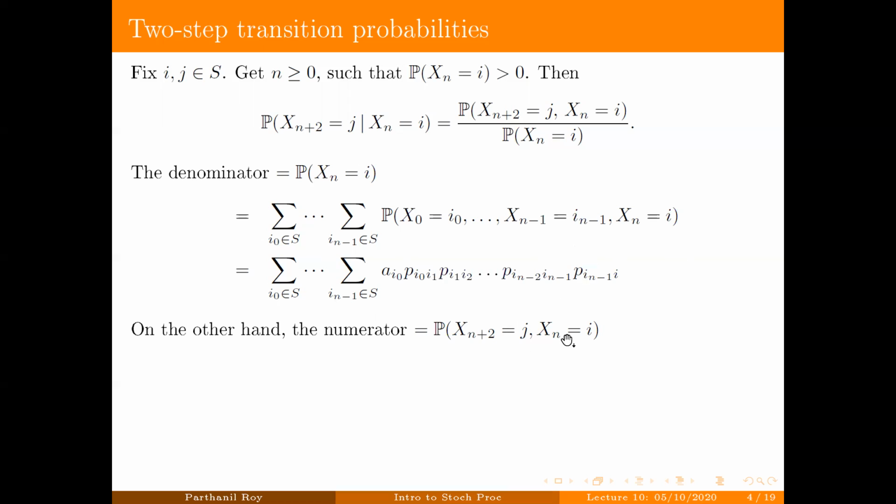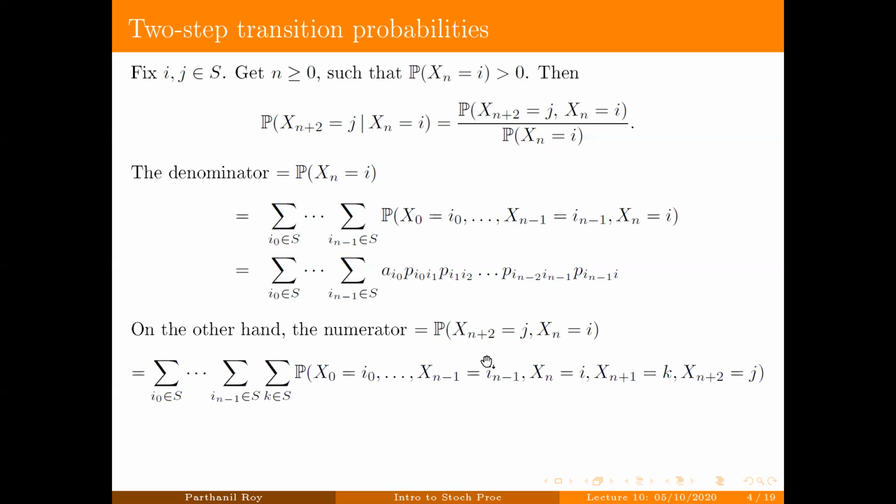In order to compute the numerator, we have to go from X0 all the way up to X(n+2), the joint distributions, and then sum over all possible values of X0, X1 up to X(n-1) and X(n+1). That will give me the joint distribution of Xn and X(n+2). Except these two random variables, everything else has to be summed up. So that's precisely what we have done here.